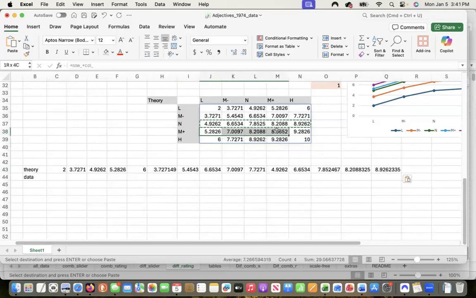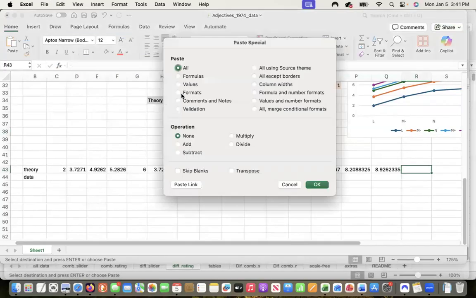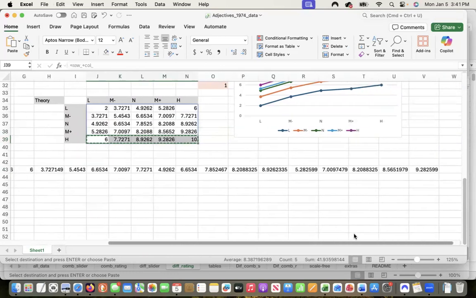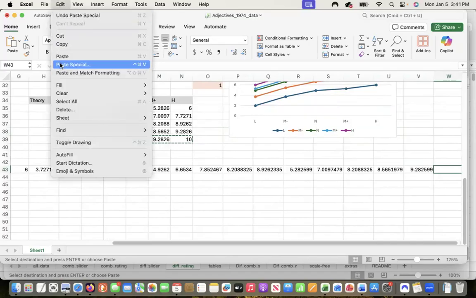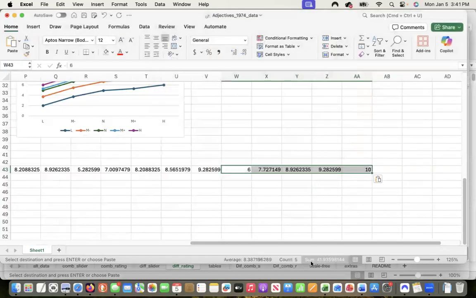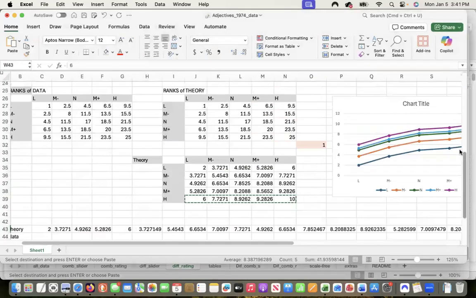Fourth row. And the fifth row. And the data, do the same thing.